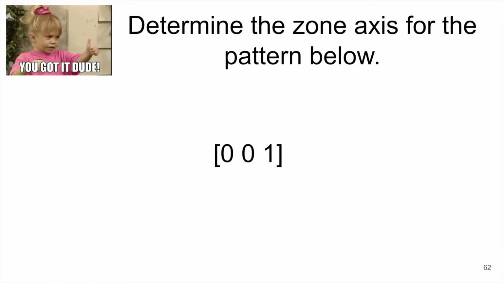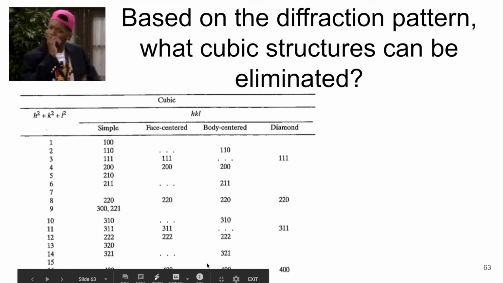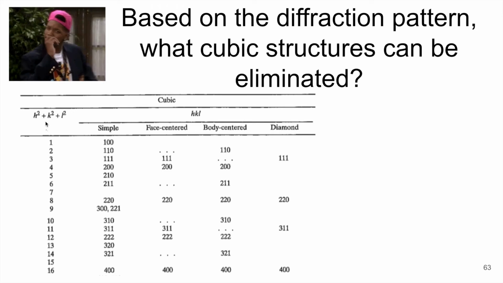All right, so let's go to the next question here. I've given you a table from Cullity that we've used before, basically the values of S here. So based on this table that I've clipped here in the slide for you, see if you can determine, based on our pattern and everything we've done up to this point, so make sure you do it in order, based on all that, see if you can eliminate any of these cubic structures based on the information that we've obtained so far.